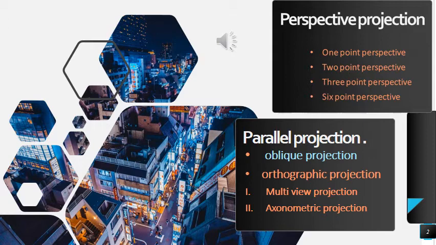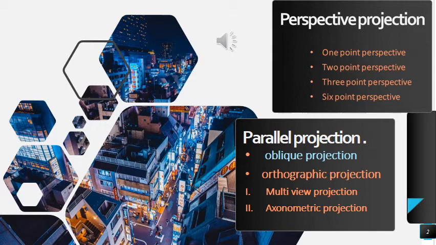If we have practiced one point perspective, we know that all the objects have different kinds of angles, and we don't measure those angles. We don't have to consider which angle they produce. We just produce the image by the vanishing point.